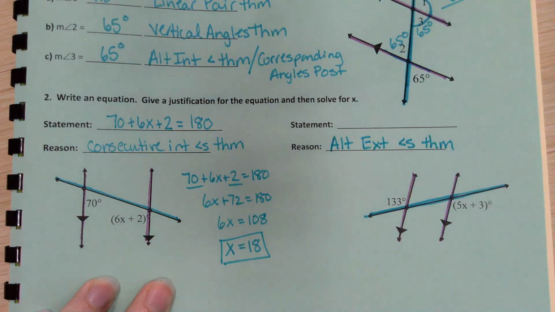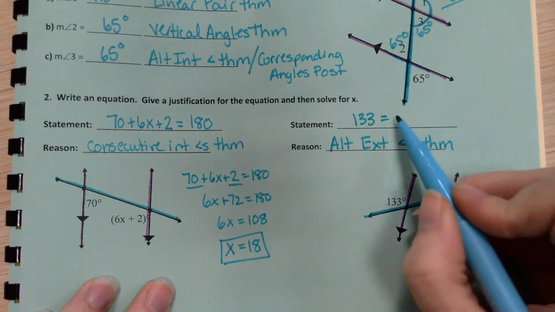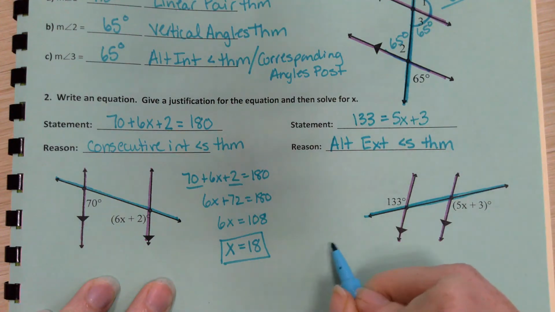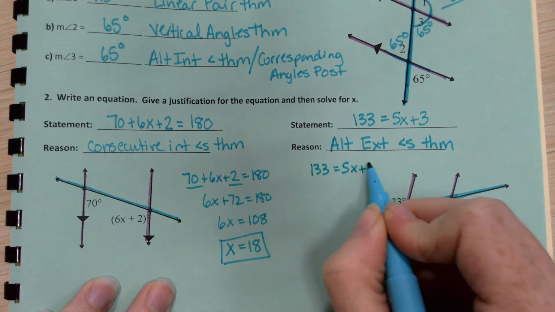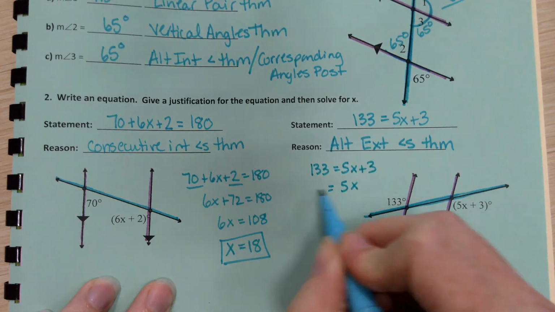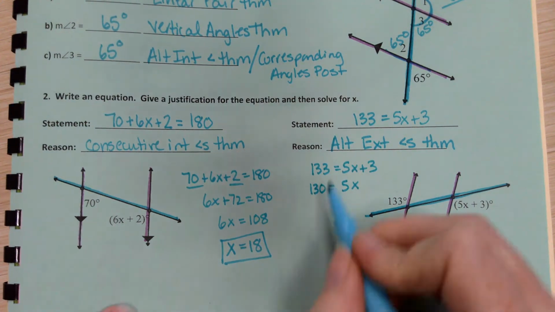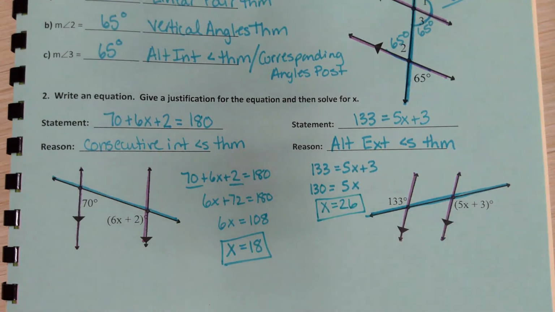If we go check out that theorem, it tells us that these two angles will be congruent. So our statement will be that 133 is equal to 5x plus 3. If we go ahead and solve that, subtraction of 3 from both sides will leave us with 130 equals 5x, and then divide both sides by 5 to get that x is equal to 26.